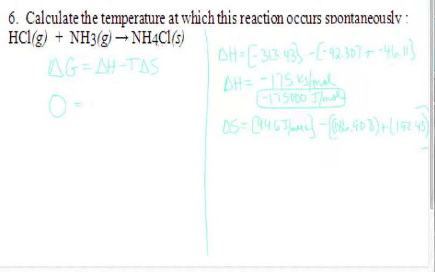Okay, so what is our delta S? No decimal, one decimal place for this one. How about that? That one should have had 2 decimal places. Oh well, that's fine.